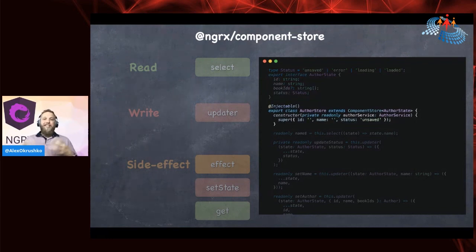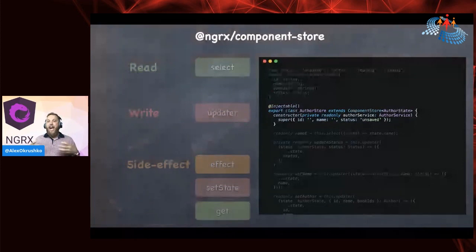The typical way we would write it is to create this author store and extend the component store. Component store comes with all the tools we need: a way to read the state, a way to write it, and a way to create side effects. But we need to add some meat to it, the logic for how to do this.